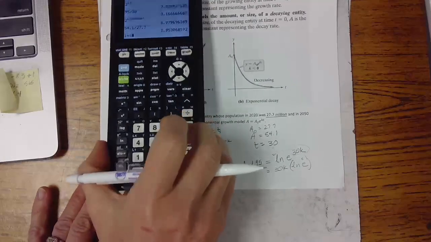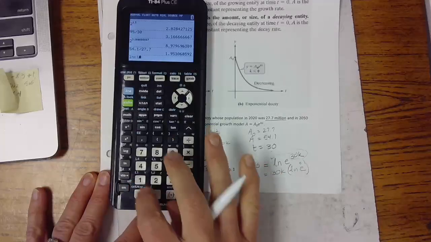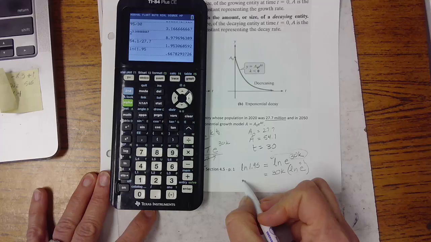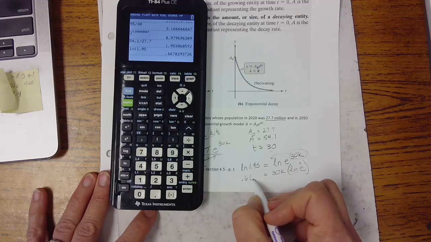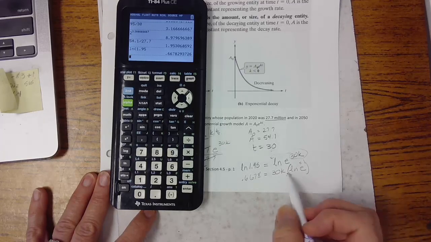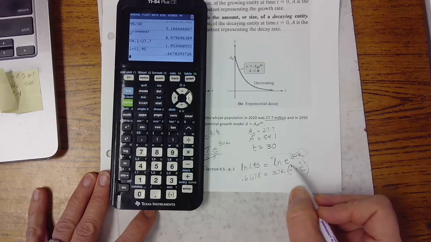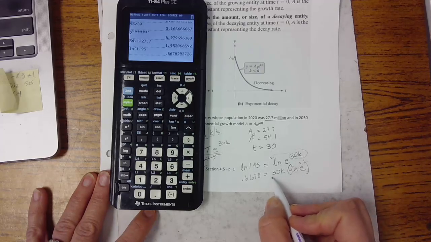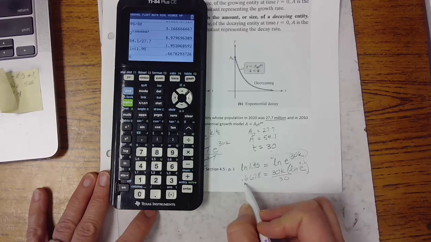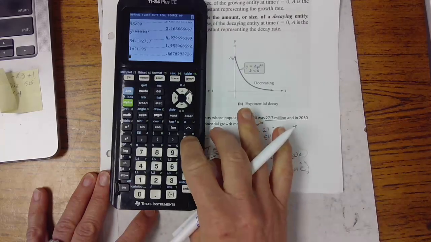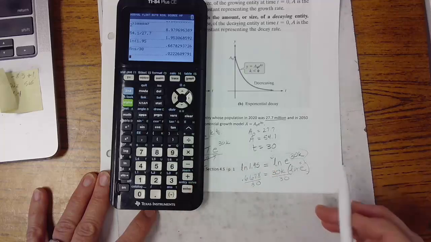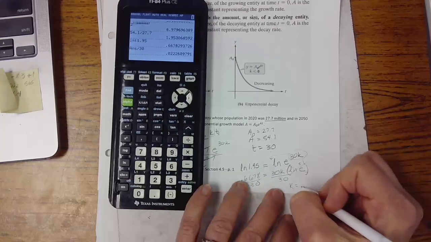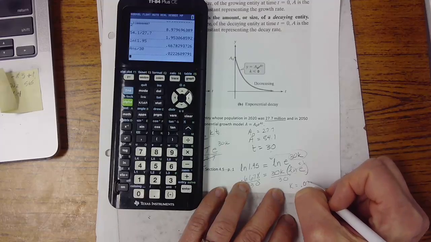The ln of 1.95 is equal to 0.6678. Because this changes to 1, I have left 30 times k. And so to solve for k, I want to divide both sides by 30. That tells me my k is going to equal 0.0222.